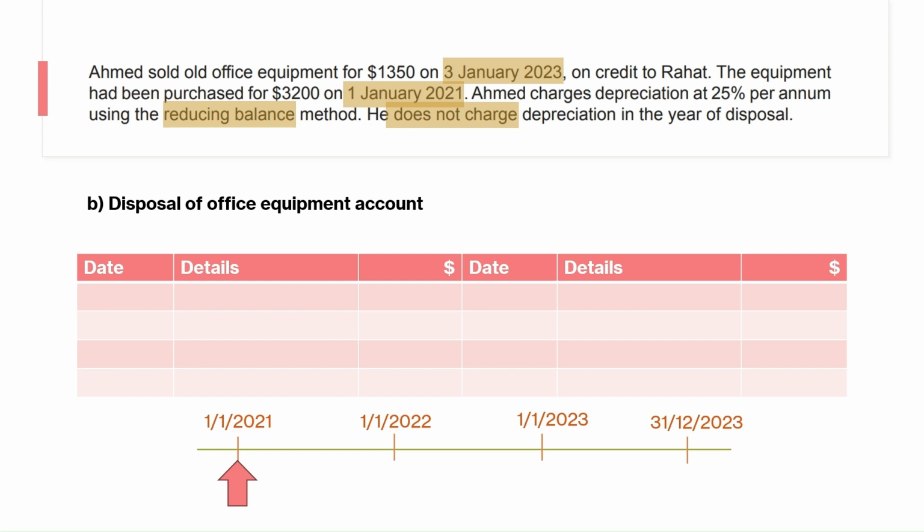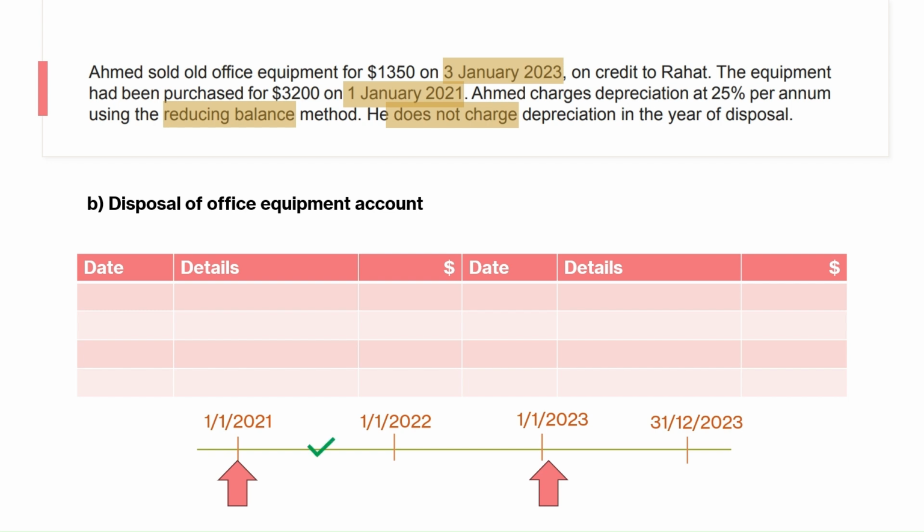Now, the asset was purchased on 1st January 2021 and it was sold on 3rd January 2023. With the timeline, we are trying to calculate the accumulated depreciation. We have one full year between 1st January 2021 and 1st January 2022.